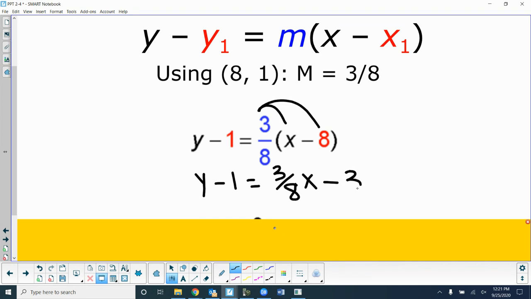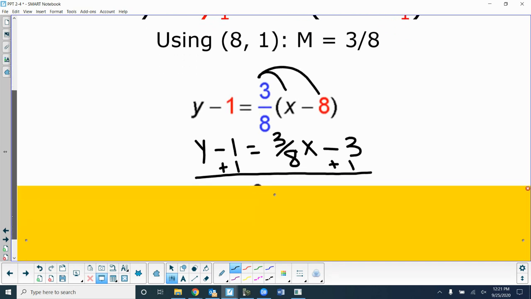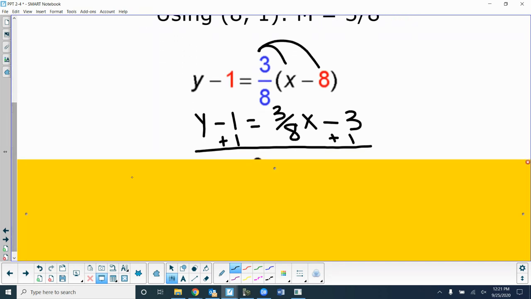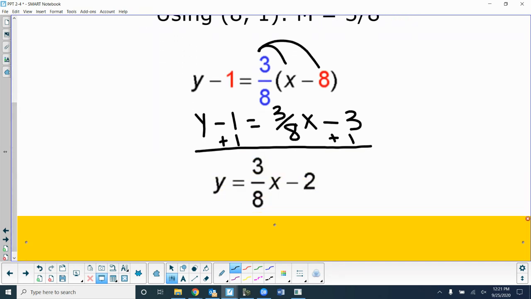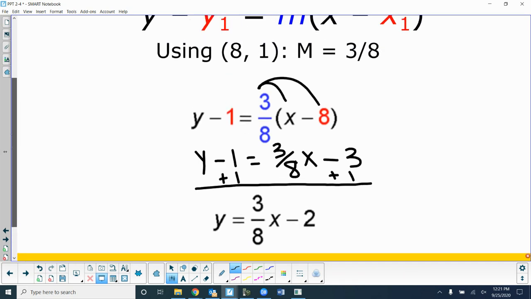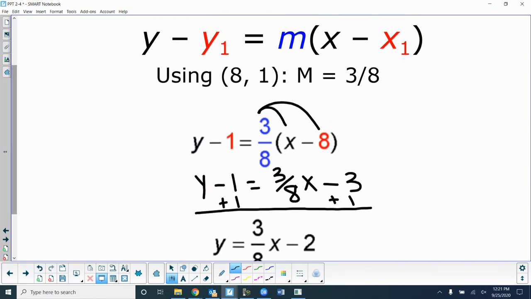So what's the answer? 3. y by itself yet? No. No. What else? Add the 1. So our answer in slope-intercept form is that. Okay? So that's the method using point slope.